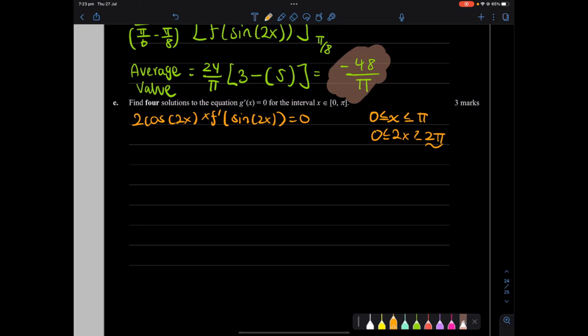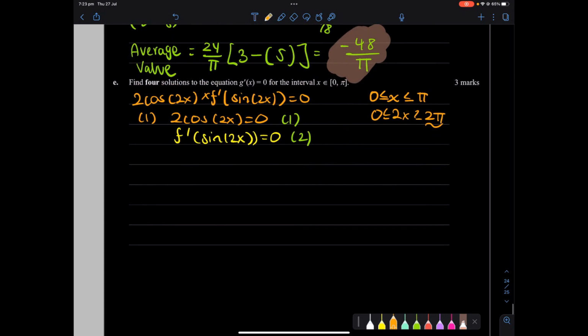The first one is 2 cos 2x equals 0. That's your first equation. And also f dash of sine 2x equals 0. That's your second equation.